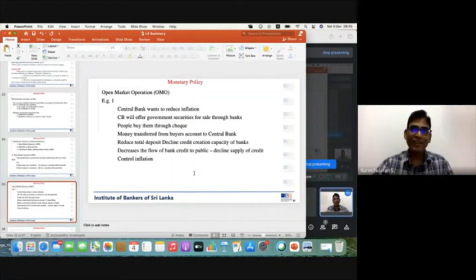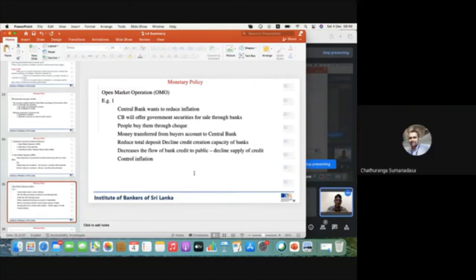If you put it together, whose money is going to the government? Is it the central bank's money going to the government, or the banks' or general public's money? It's the general public's money. Yes.